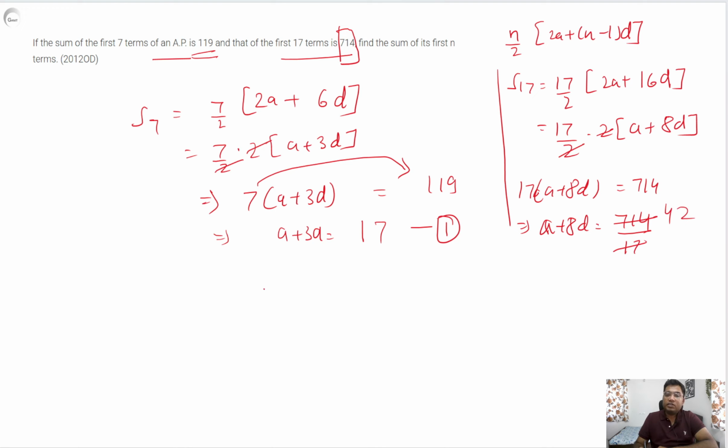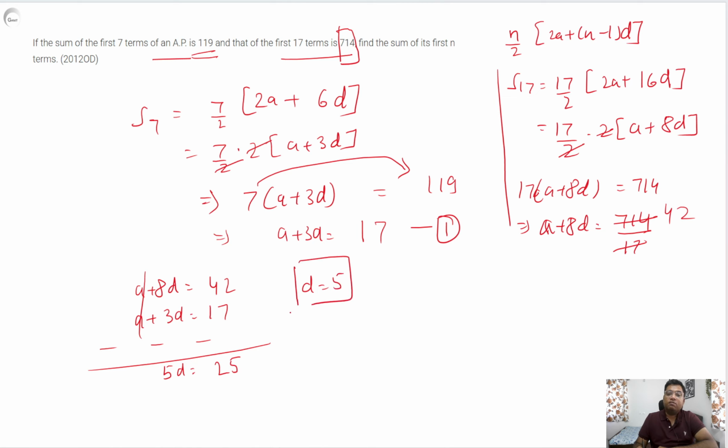So the equations that I have with me are a plus 8d is equal to 42 and a plus 3d is equal to 17. Now I will simply eliminate the variables. 8 minus 3 is 5d and 42 minus 17 is, I believe, 25. That gives us the value of d as 5.